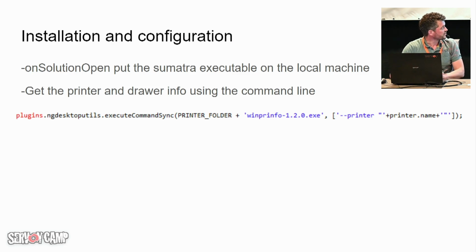To get this installed, every time the solution opens and the desktop is started, it checks if the Sumatra executable is already there. Another thing that I did is use a small tool to get the info from the printer. That's called print info.